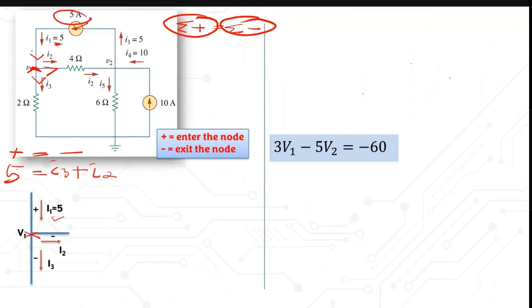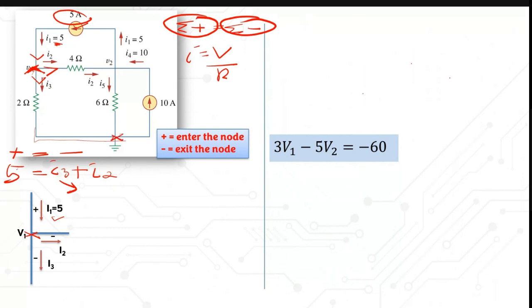But for I3 and I2 here, I need to use Ohm's law, where I is equal to V over R. The node voltage is actually the difference between these two nodes. So to come up with this equation, for I3, the nodes are this one and the reference node.